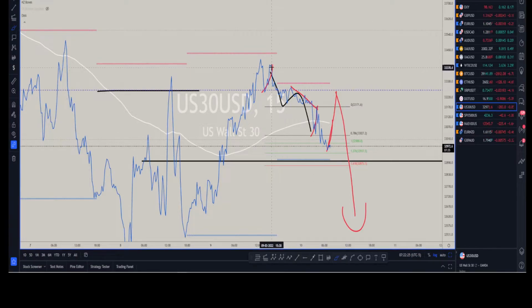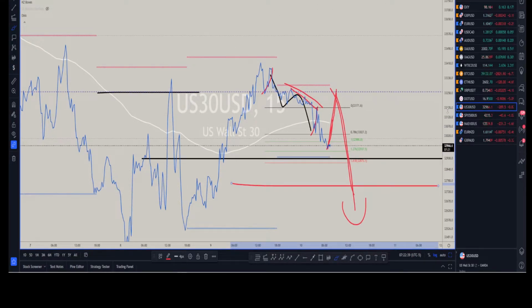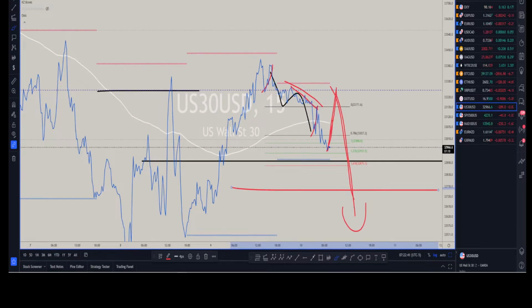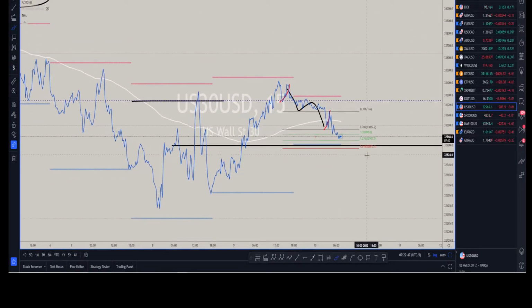What can we have here? Finished 3 wave, pumps. Where's the liquidity? That's your liquidity. And dumps back towards these areas, or maybe lower. Right? Why not?